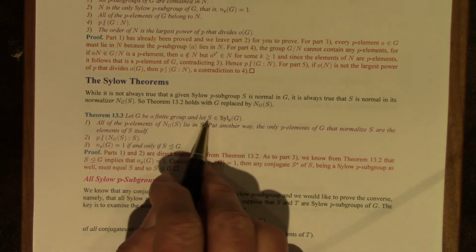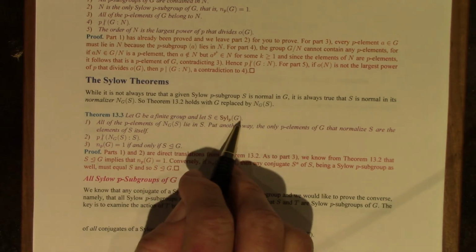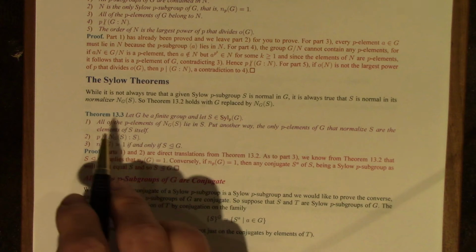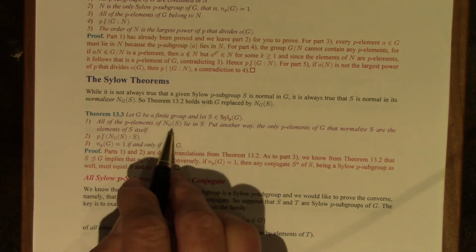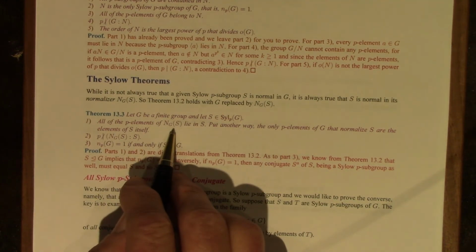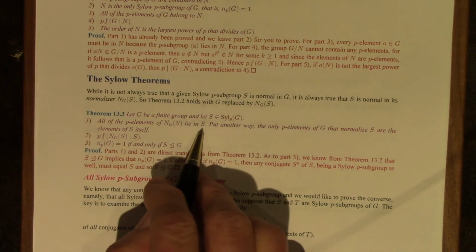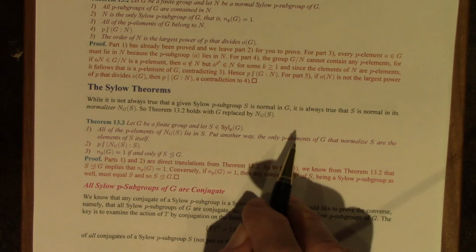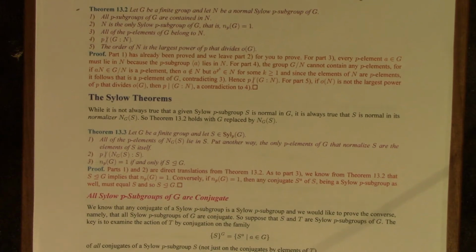Let G be a finite group, and let S be a Sylow p-subgroup. All of the p-elements of the normalizer of S lie in S. Or put another way, the only p-elements of G that normalize the Sylow p-subgroup S are the elements of S itself.